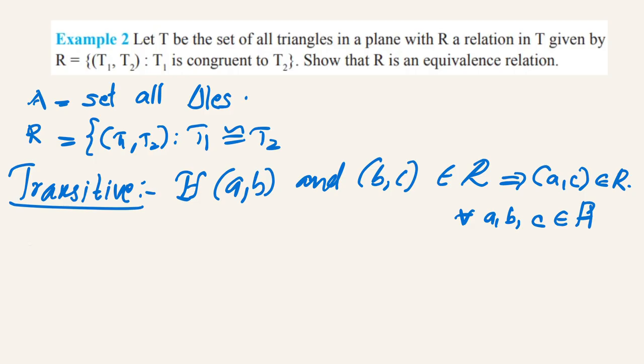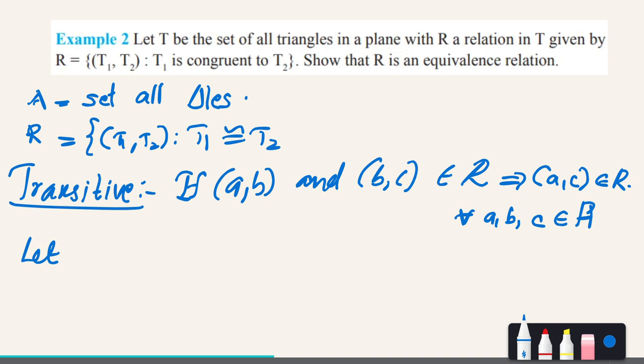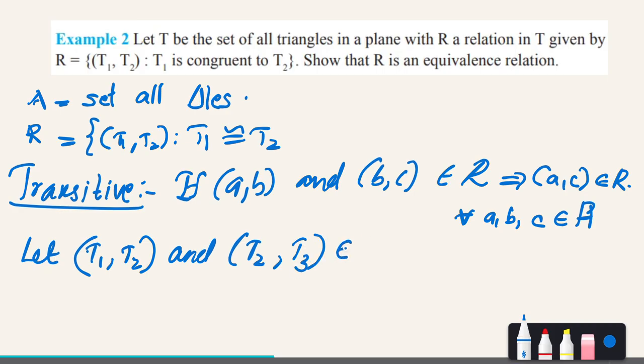Thereafter, you can write, we have to consider two pairs. So let (T1, T2), and starting from T2 you have to consider another one, (T2, T3), belong to R.